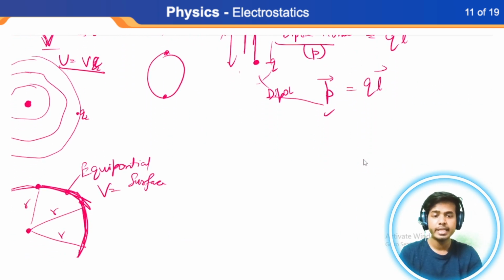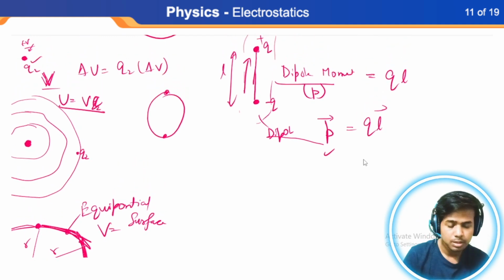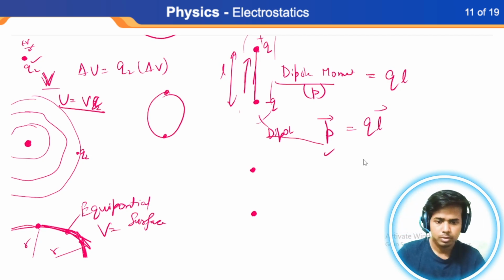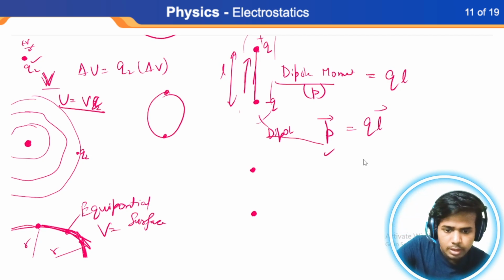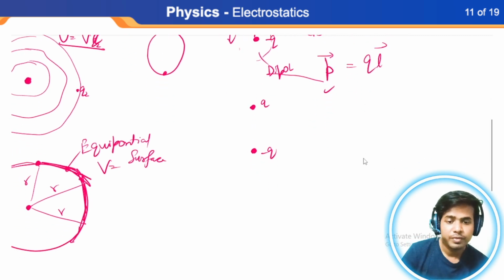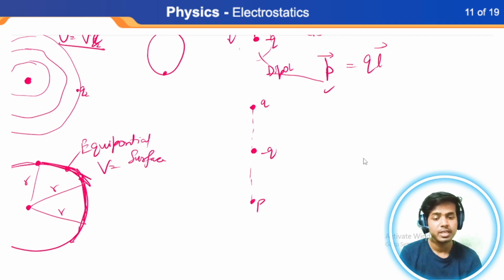But dipole moment के लिए हम क्या करते हैं? Field हम define करते हैं. For example, this is minus q and this is q. When you talk about any point which is on the line of the dipole, let's say point P, अभी उसका distance कैसे find करेंगे dipole से?